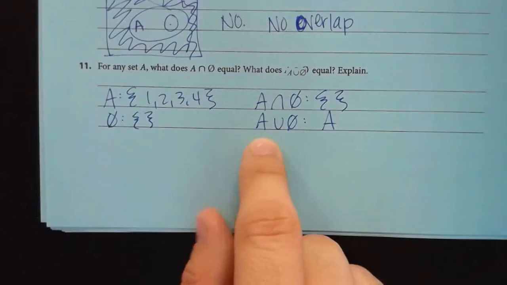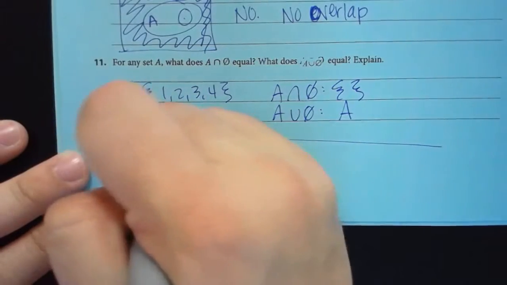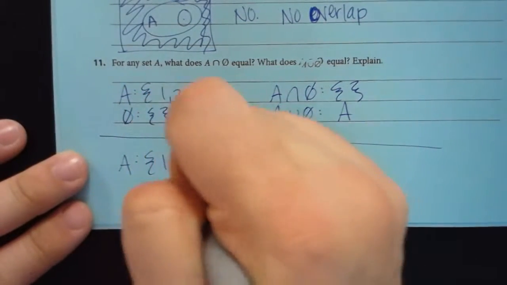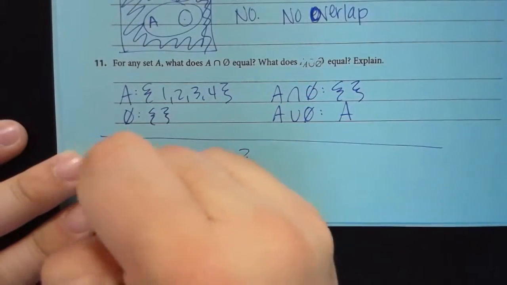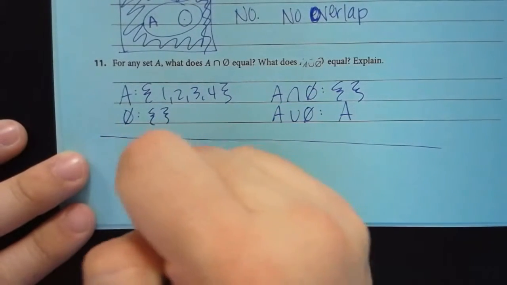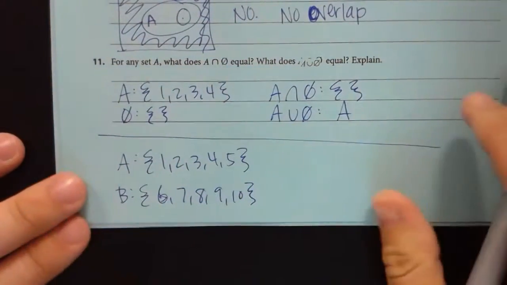Let me give you one more example before I set you free. Maybe it will help distinguish between those two. If A was 1, 2, 3, 4, 5, you don't have to write this down, but if you want to watch, 6, 7, 8, 9, 10. So those were my two sets.